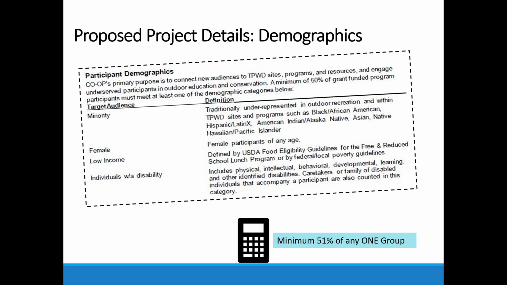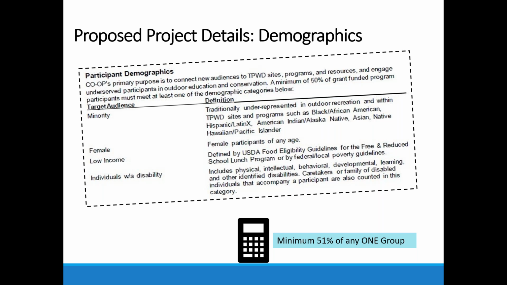The demographics section is worth about 30% of the overall scoring. And again, it's the primary intent of the co-op grant. So this is very important. You can find more information on page 6 of your program guidance.